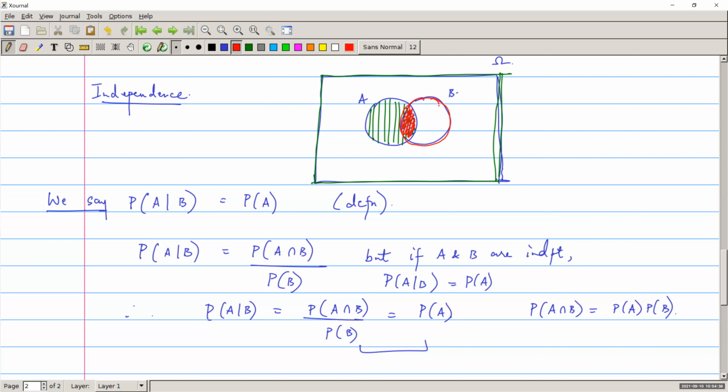You cannot numerically illustrate it in the picture, but what it means is that A and B intersect in exactly the right way. And what is exactly the right way? The probability of A intersection B must be equal to the product of the probabilities of A and B. That is when A and B will be independent.